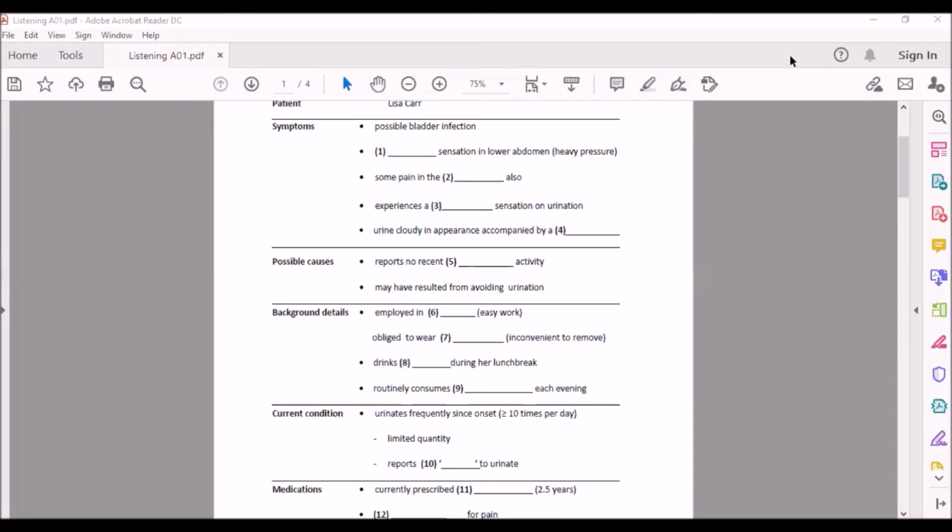What's the minimum I usually recommend to get when we practice? What's the minimum score? How many correct answers should you have for the whole part A?